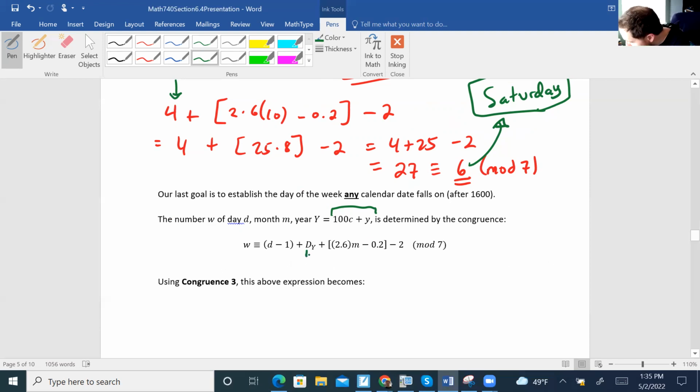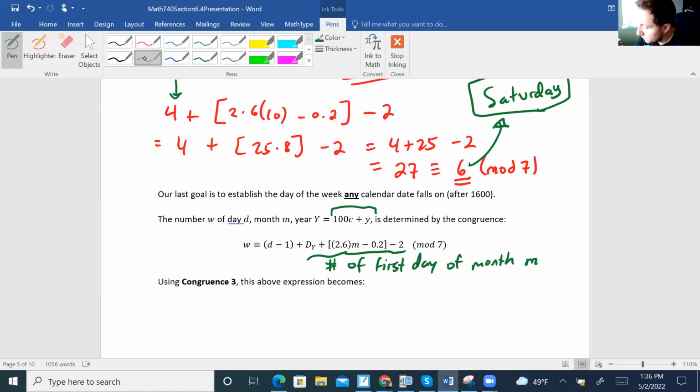So remember, this was from the last algorithm. This was the number of the first day of month M, whether it was a Monday, Tuesday, Wednesday, and so on up to Saturday. That would give me the first day of the month.